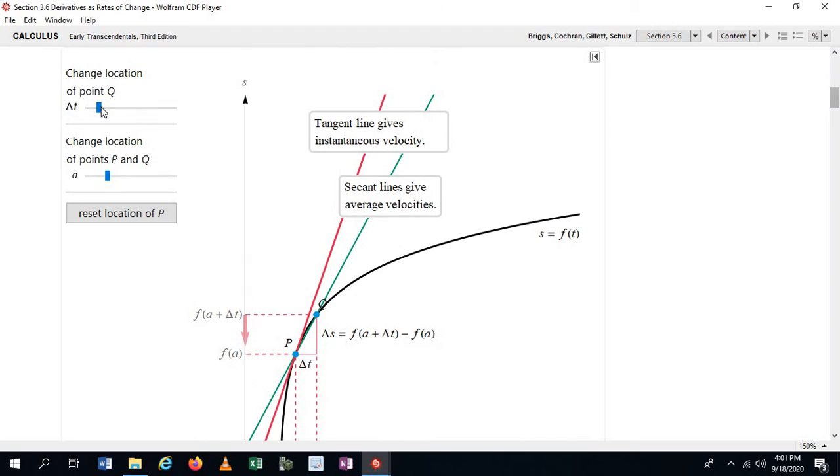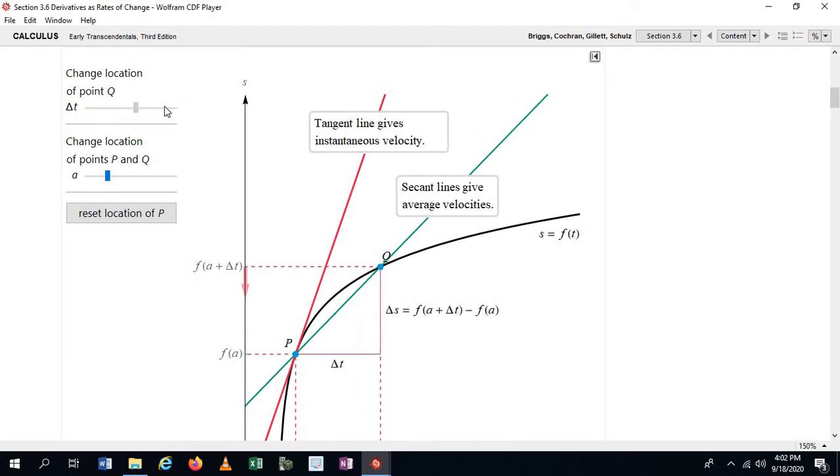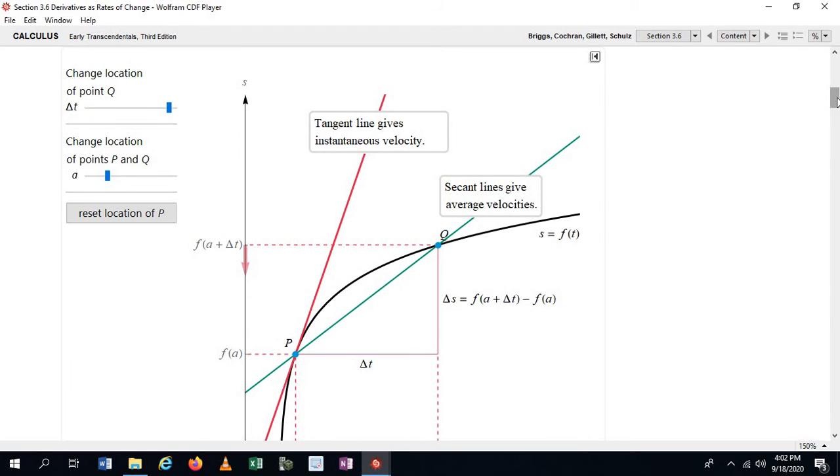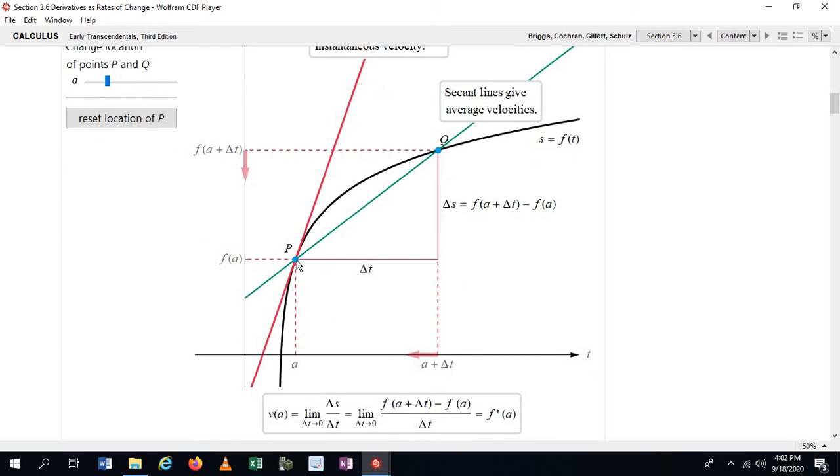So there's a couple of things going on here, just to summarize it. The instantaneous velocity of the object when t is equal to a is simply the slope of this tangent line right when t is equal to a, which happens to be the derivative of the position function evaluated at a.